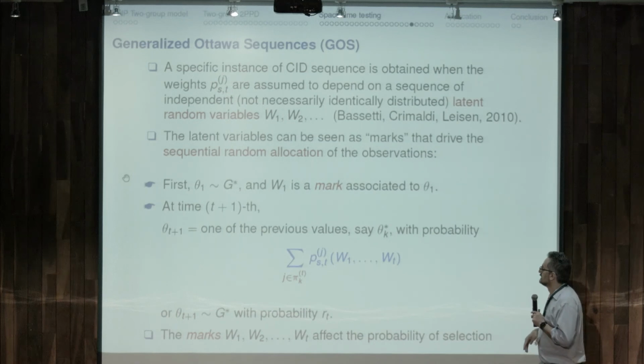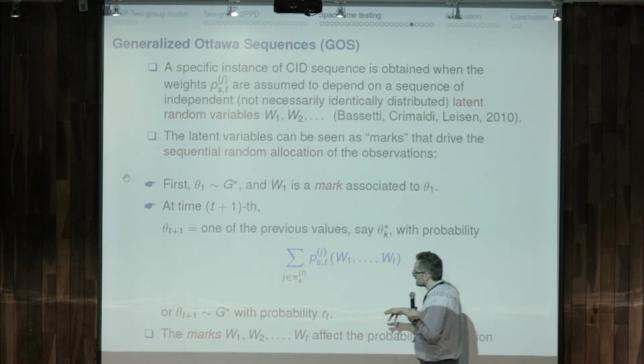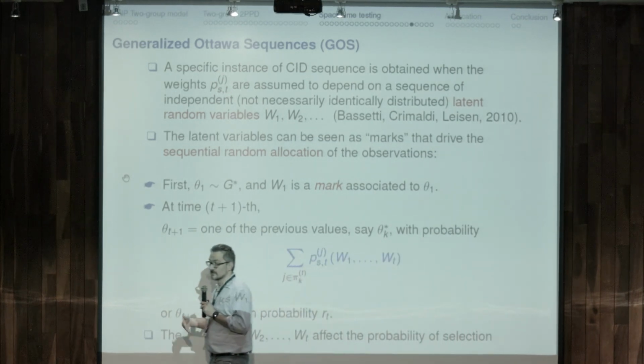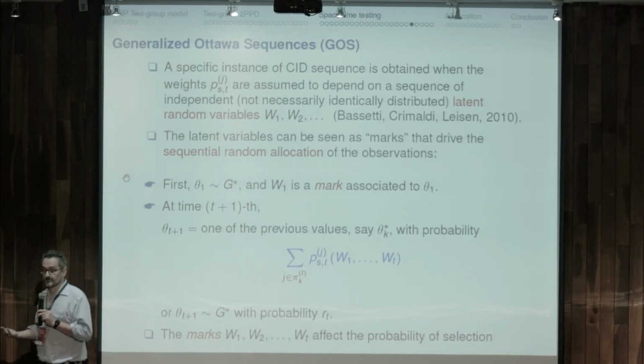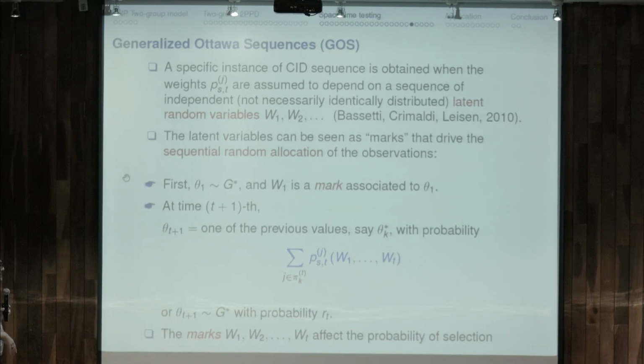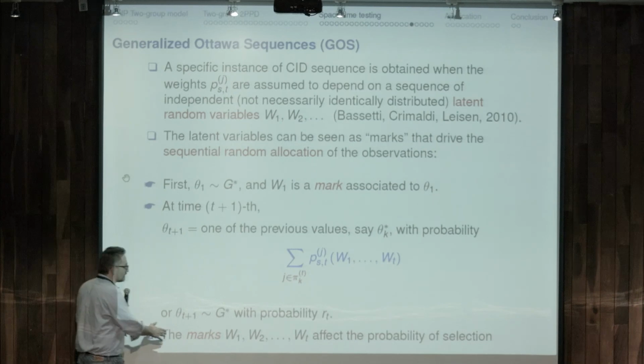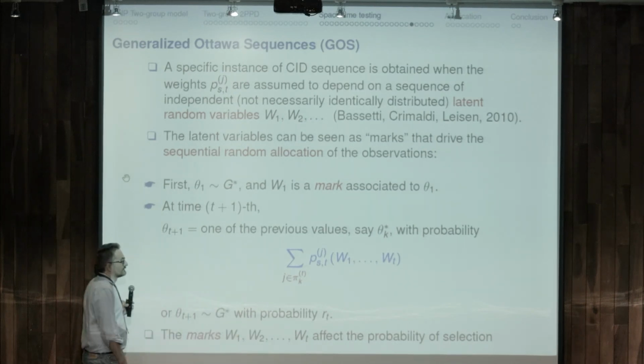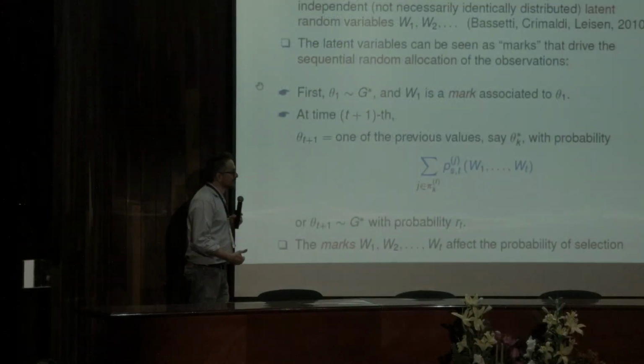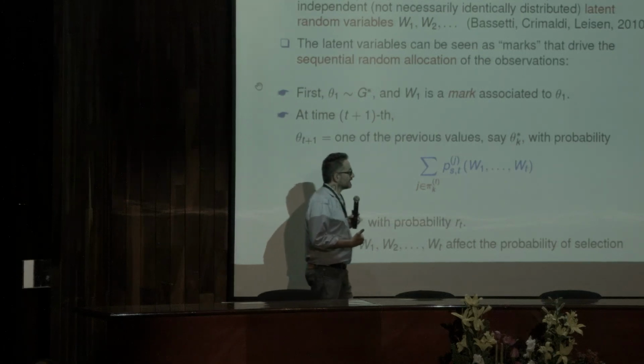And similarly, there is some random probability that the next value of theta is going to come from the base measure. So, in other words, the marks W1, W2, WT that come with each observation affect the probability of selection.